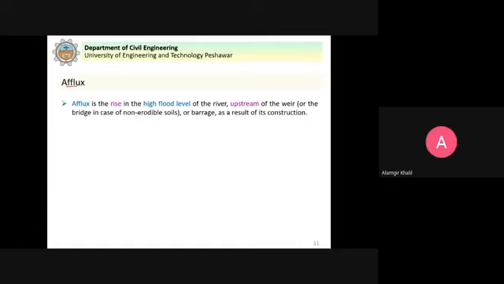So afflux is the rise in the high flood level of the river upstream of the weir or the barrage in case of erodible soils, or the bridge, as a result of its construction.